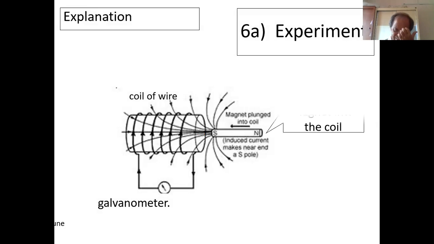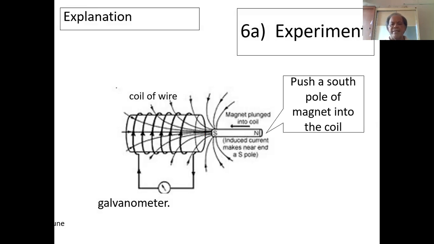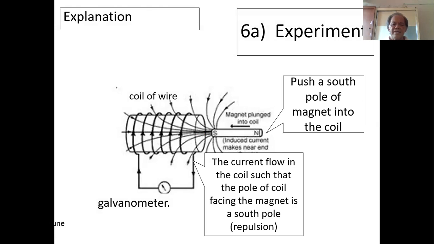Okay, let's just summarize it. Push a south pole of a magnet into the coil. Current flows in the coil such that the pole of the coil facing the south pole is south. So they show you the current flowing clockwise, because you want to repel the south pole.